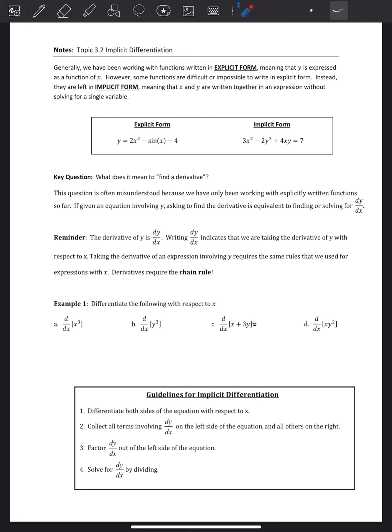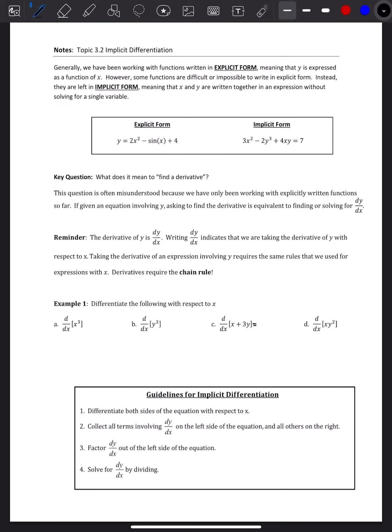So derivatives are slope, and we need to be able to find the slope of more complicated functions to deal with other real-world situations, since a lot of times our different variables play off of each other.